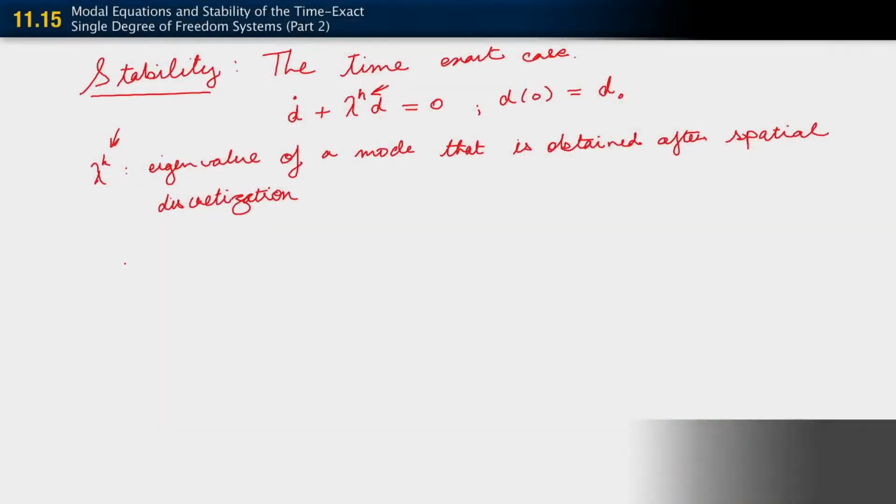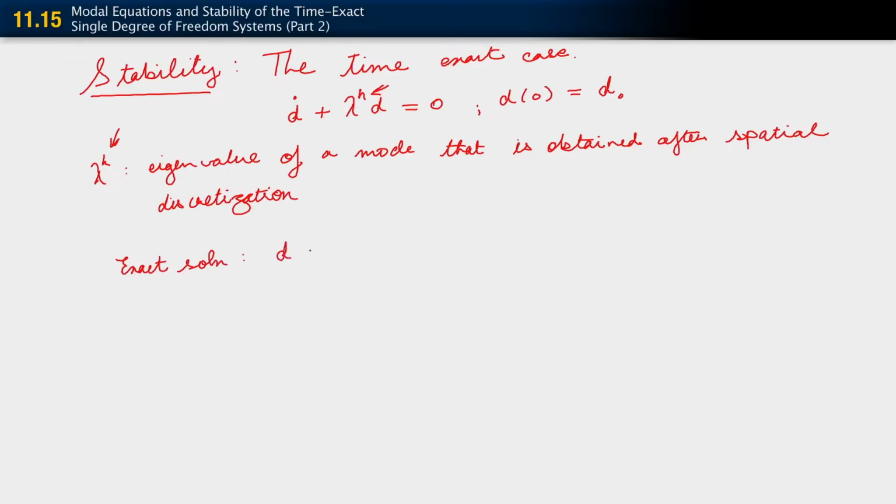Right, so the exact solution is d as a function of t equals d sub 0 times the exponential of minus lambda h times t.